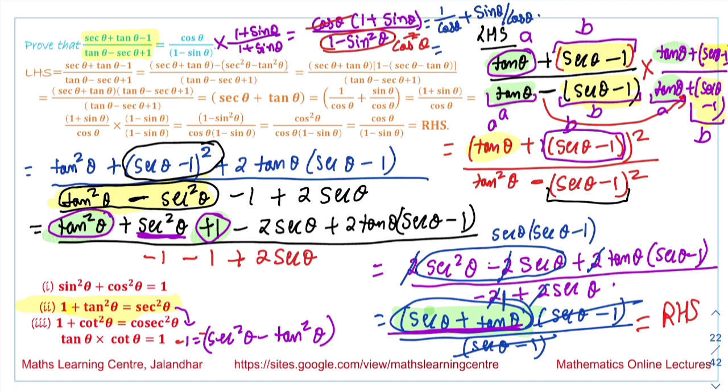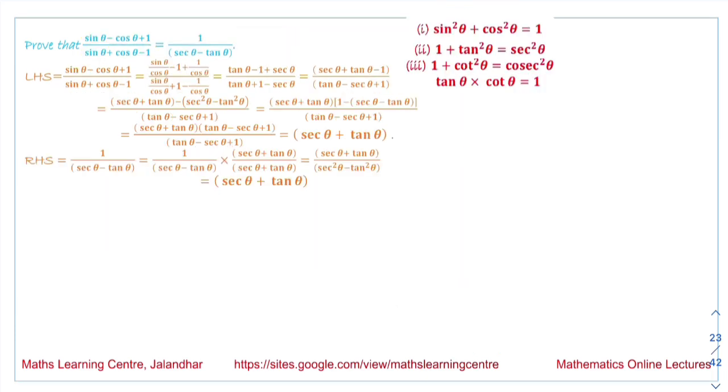Now the next question we have is sin theta minus cos theta plus 1 over sin theta plus cos theta minus 1, and we have to prove that this is equal to 1 over secant theta minus tan theta.